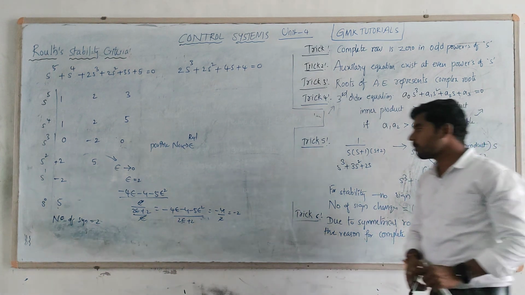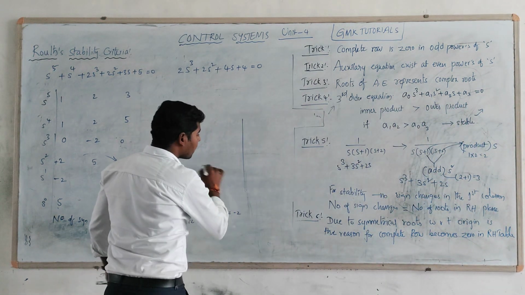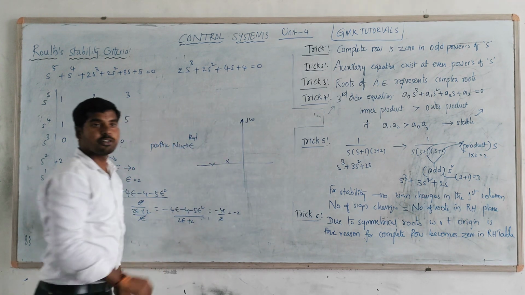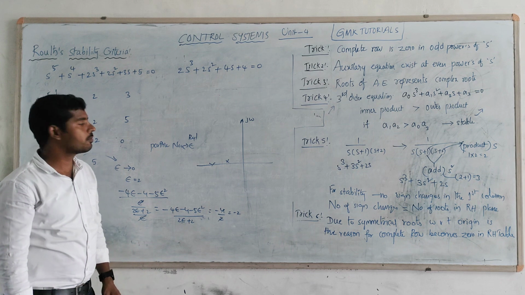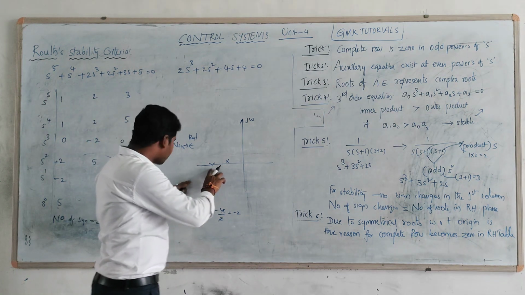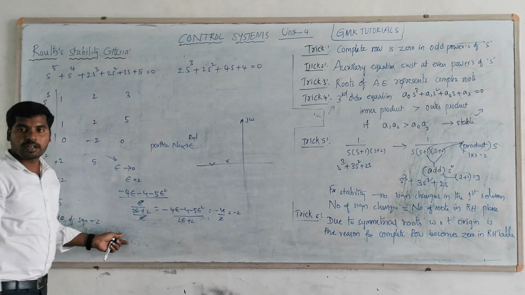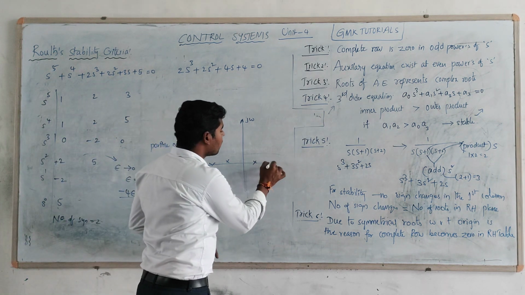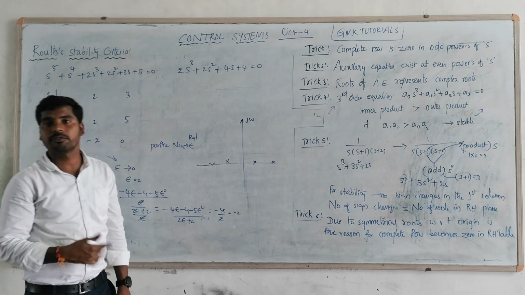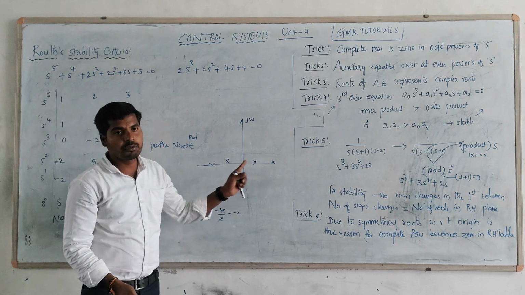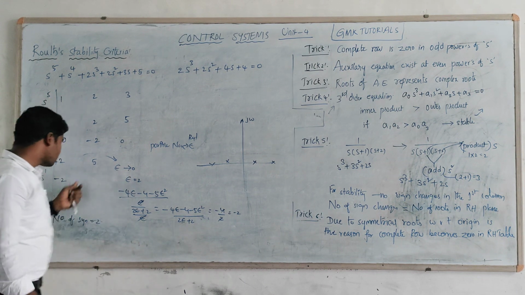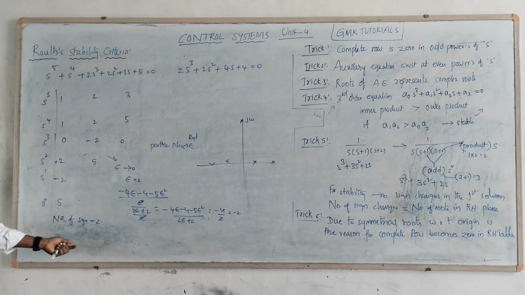If all poles are located in the left half of the j omega plane, only then can we say the system is stable. Suppose the number of sign changes in the RH table is 2: it means 2 poles are located in the right half of the j omega plane, so obviously the system is an unstable system. Two sign changes mean the system is unstable.